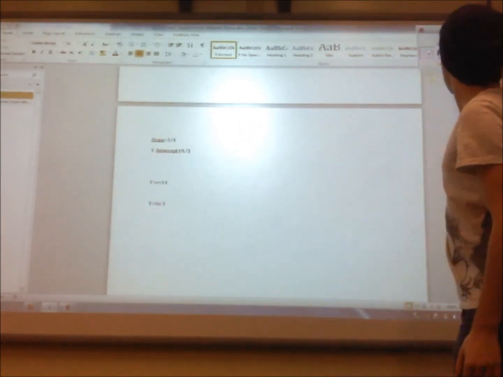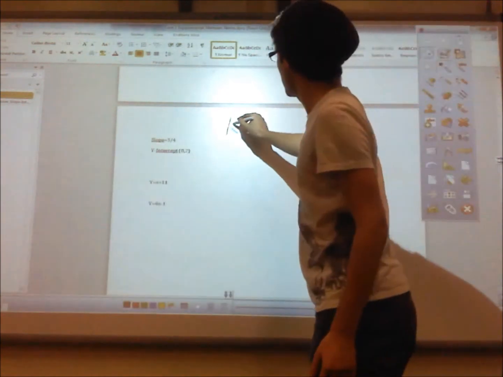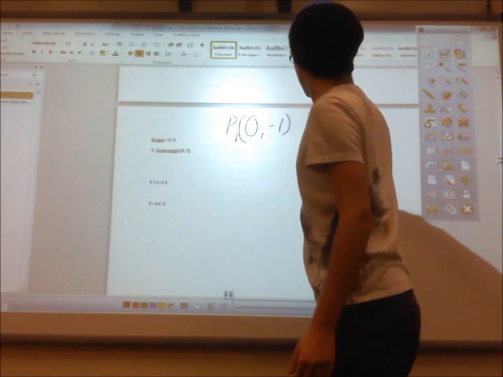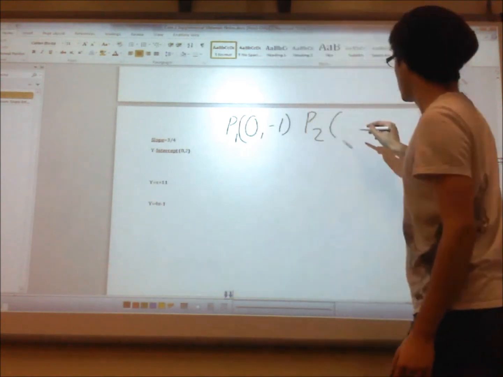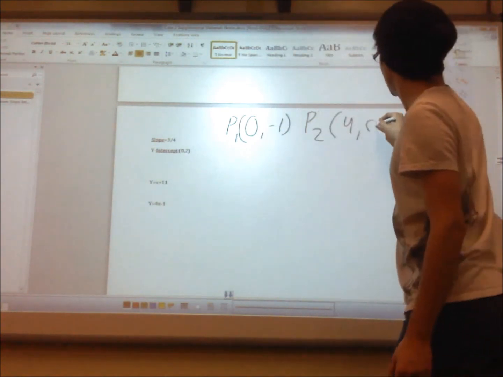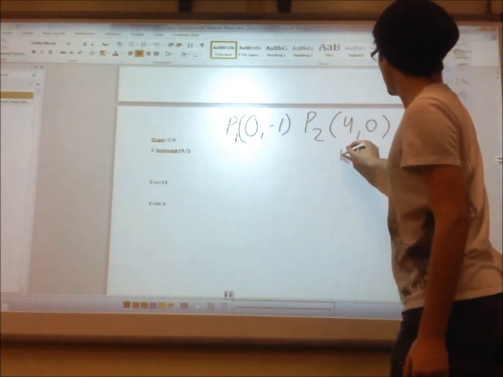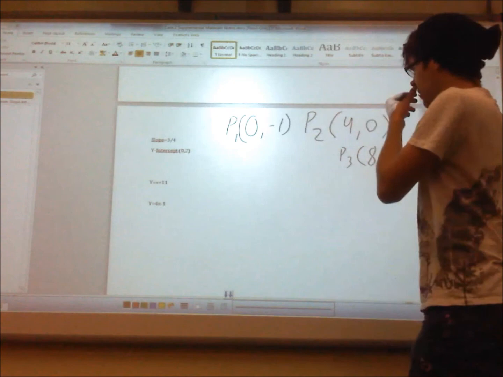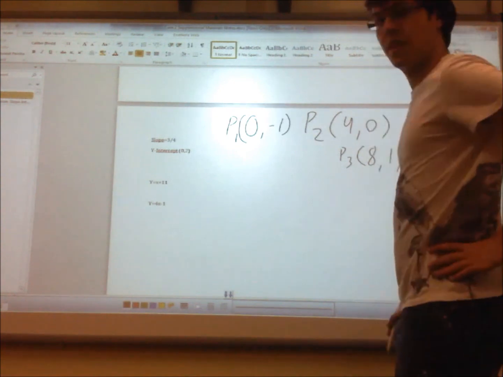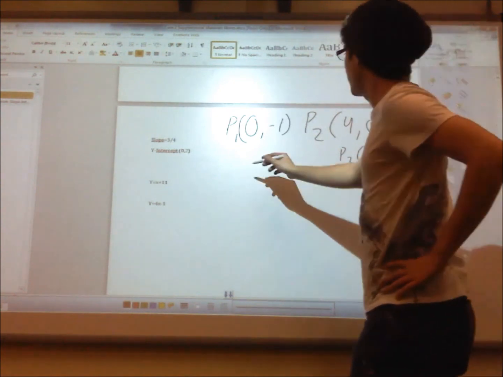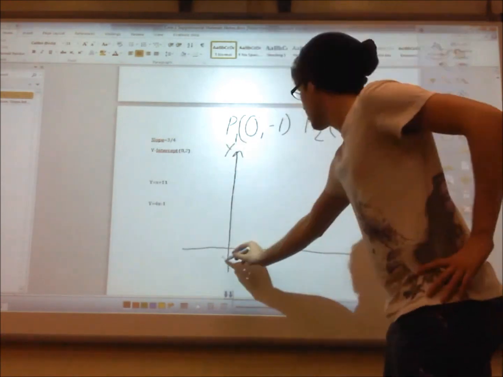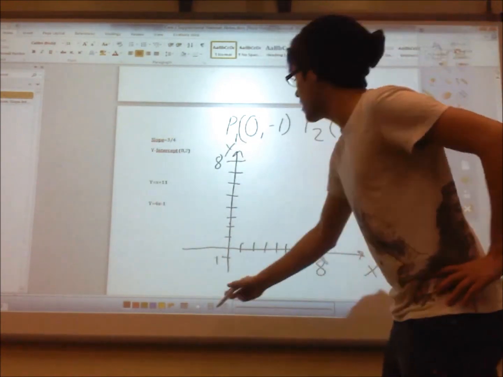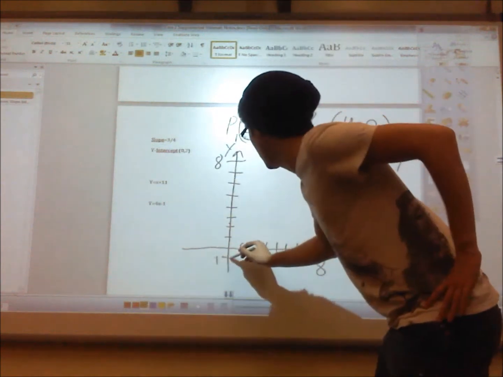So we said point 1, (0, -1), point 2, (4, 0), point 3, (8, 1). So let's make this graph. Point 1, (0, -1), this is green.